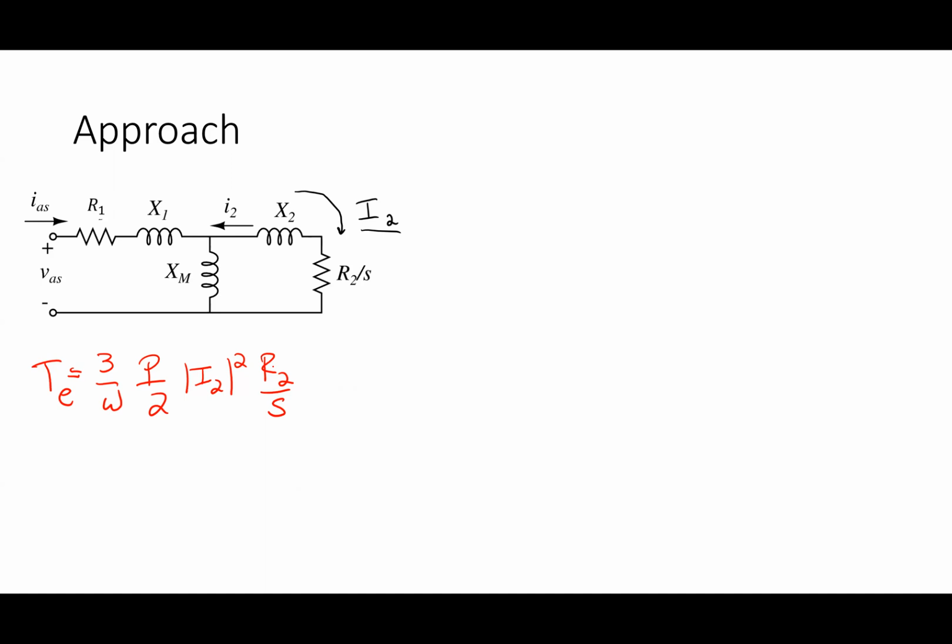What do I have to know? According to this, omega is a constant, P is a constant, R2 is a constant.